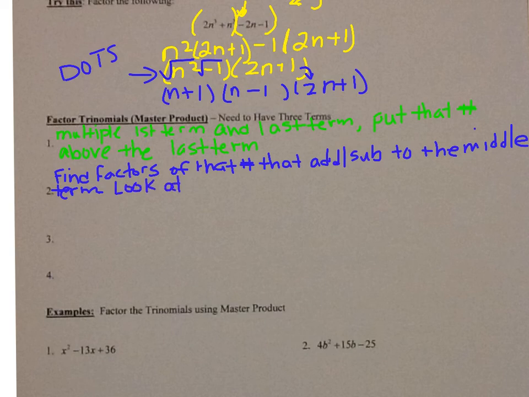And then what you're gonna do is look at the last sign. So that would be the sign in front of the 2 numbers that you multiply together.